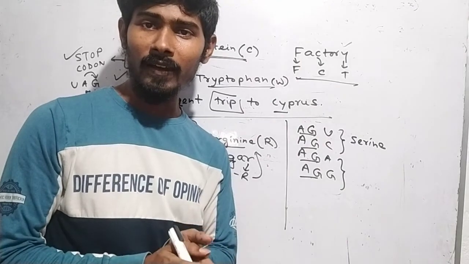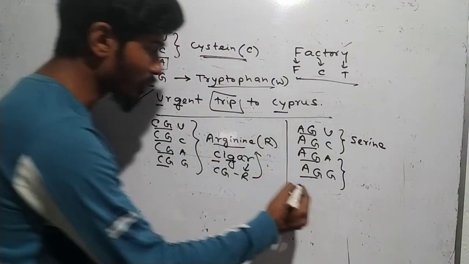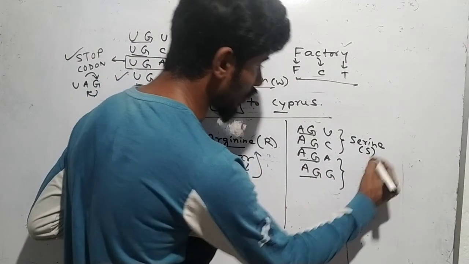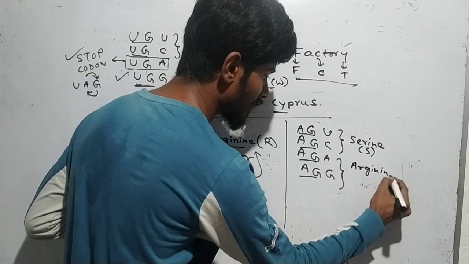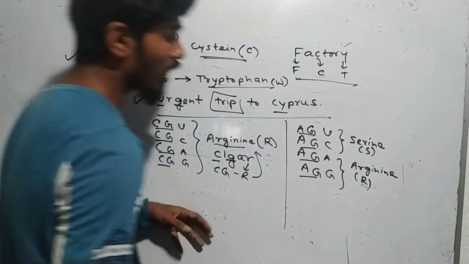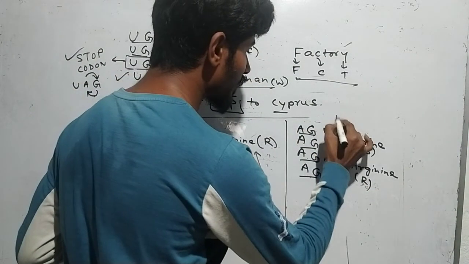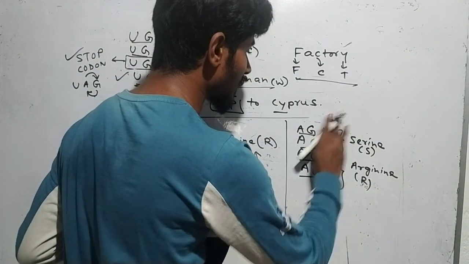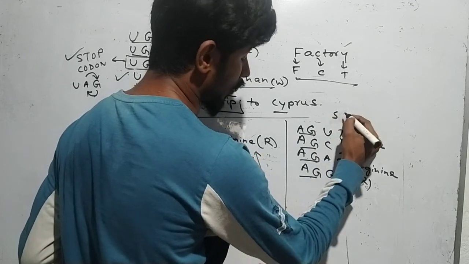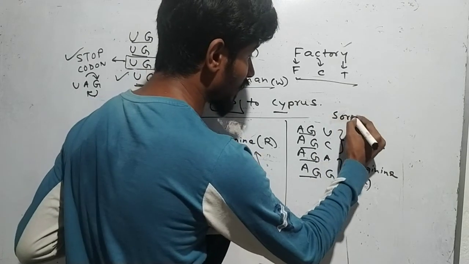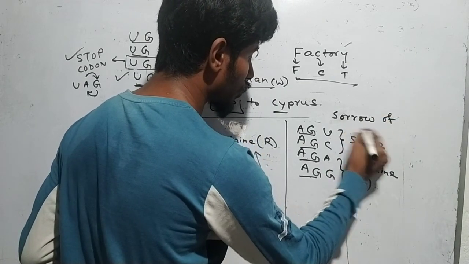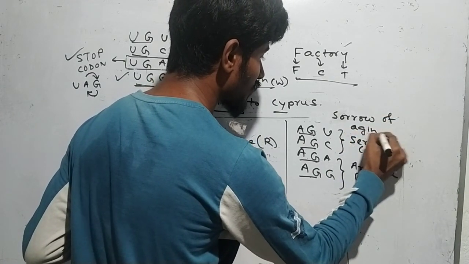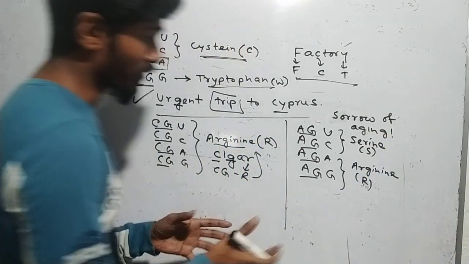Okay, and let's see how we can memorize it. So it is serine or S, and it is arginine, that is capital R. Okay, so how can we remember this? Just remember this phrase, it's a pathetic phrase actually, but we can use this: sorrow of aging.